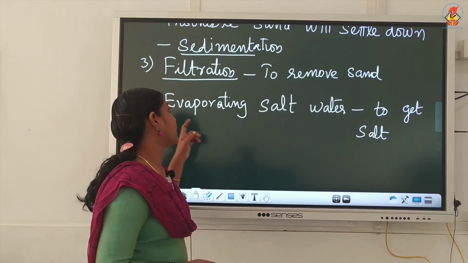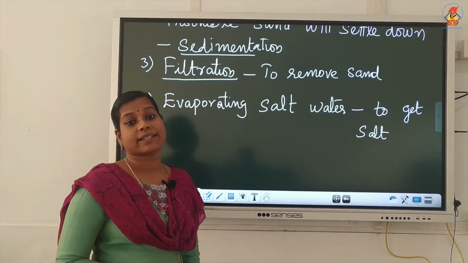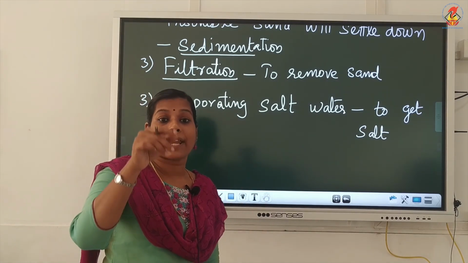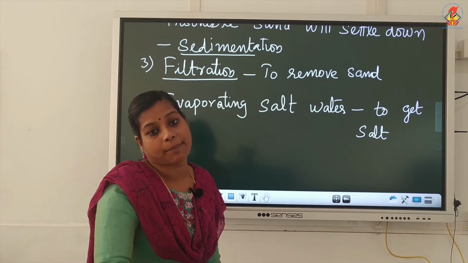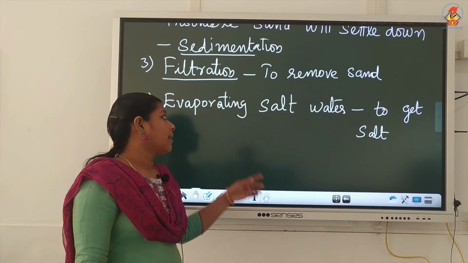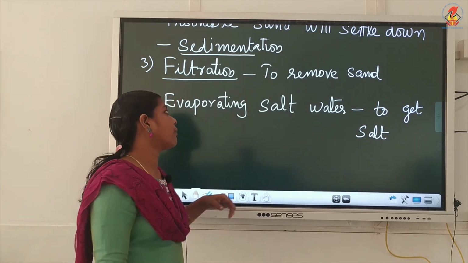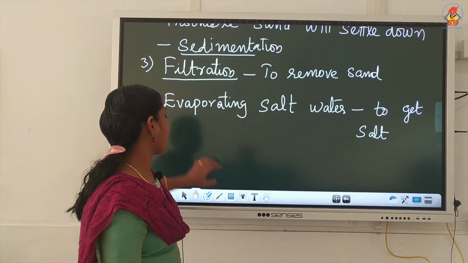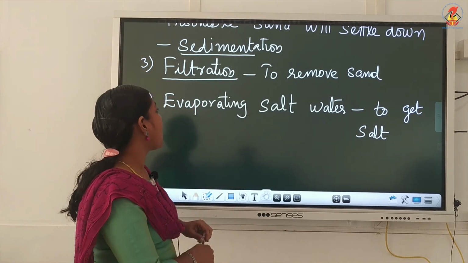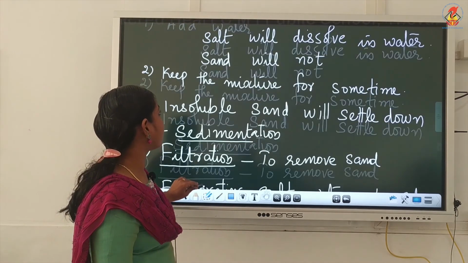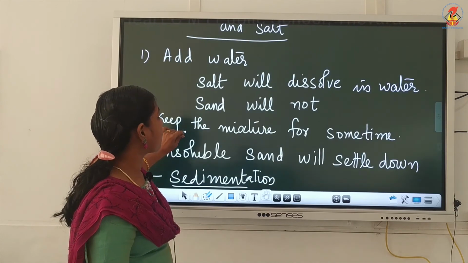So, these are the different methods we adopt to separate the components of a single mixture. Two components were there in that mixture, sand and salt. First we added water.